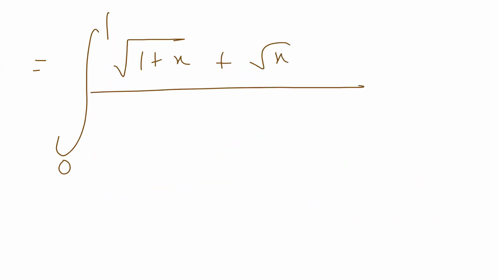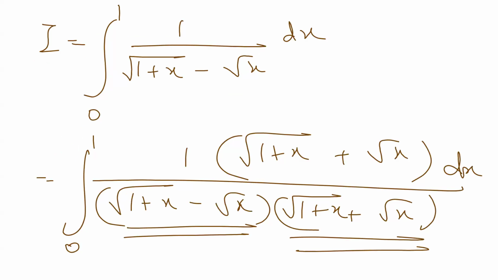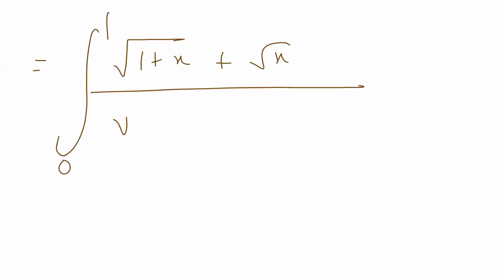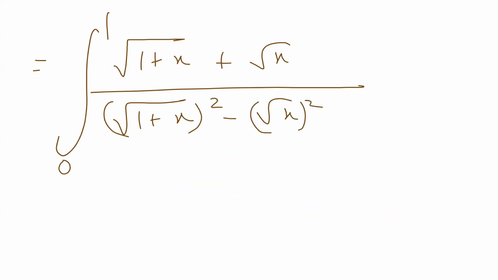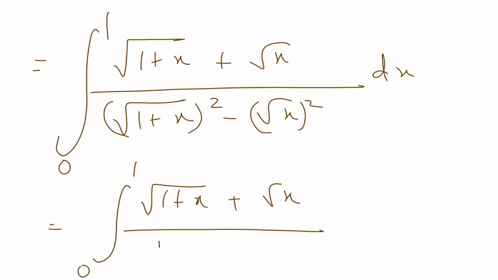So root of 1 plus x plus root of x. So a square minus b square: this x and x is gone. So the denominator is 1, which does not make any sense.